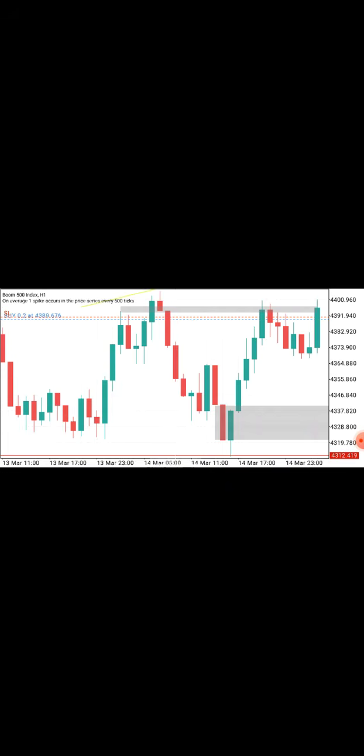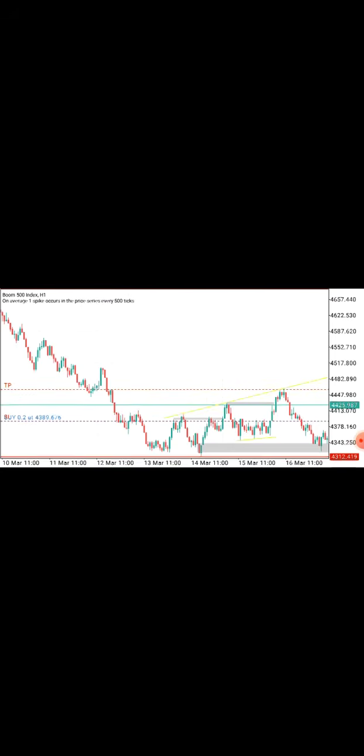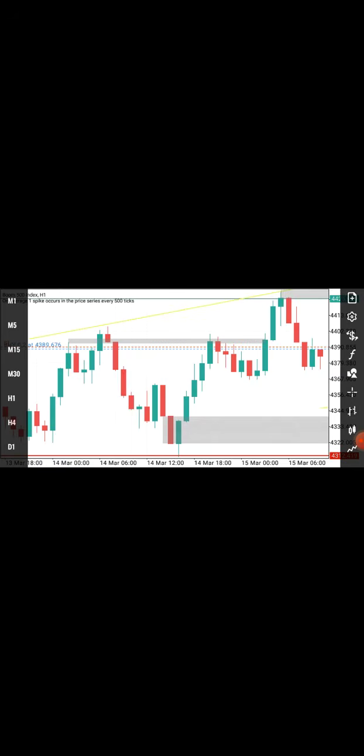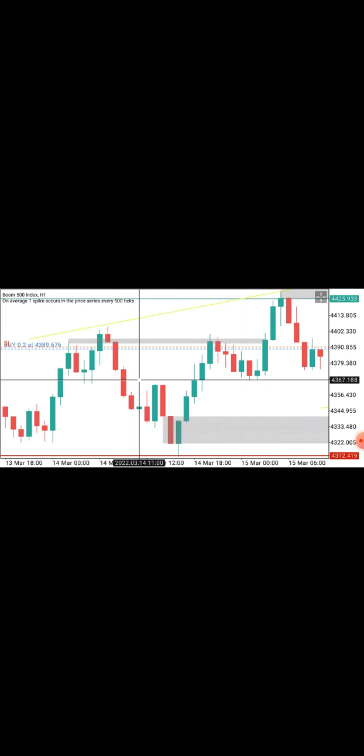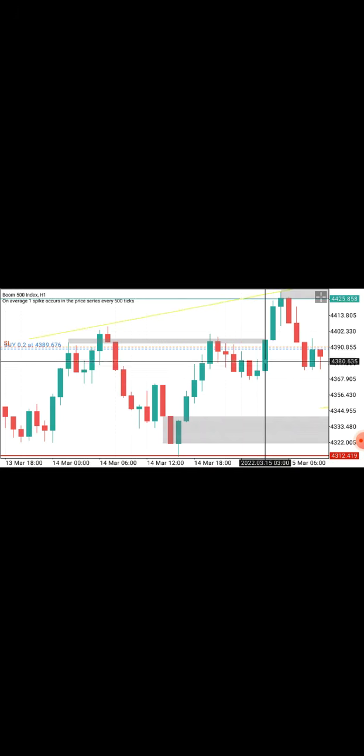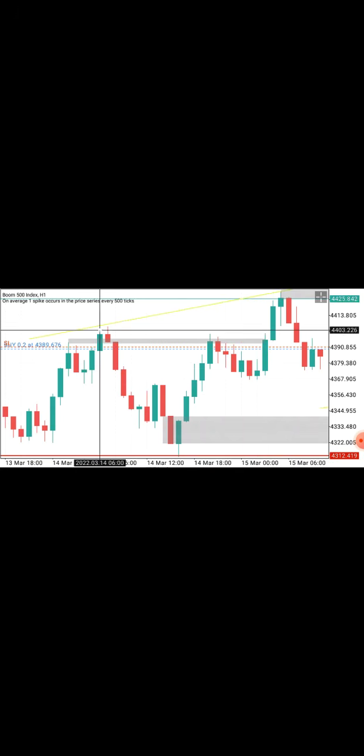So you can see that at this point here, this is the secondary high. The market came to the upside, it kind of respected it, it went to the downside for a retracement, and then the market broke this secondary high, right?